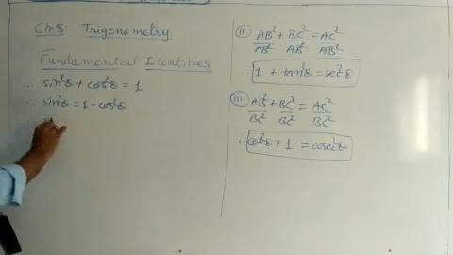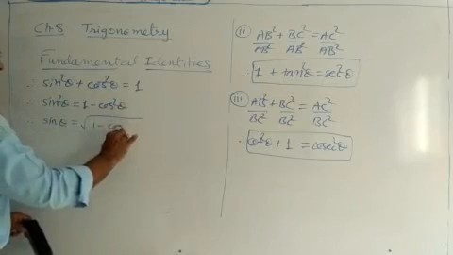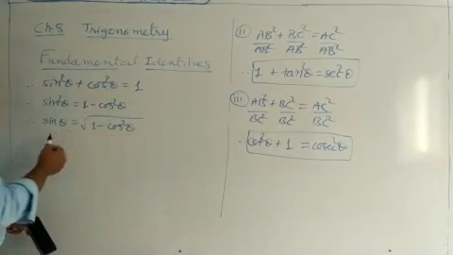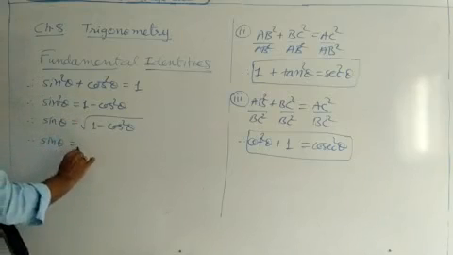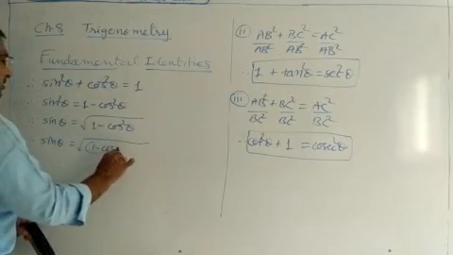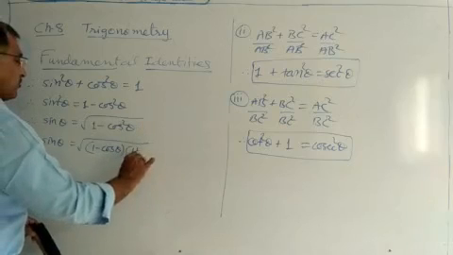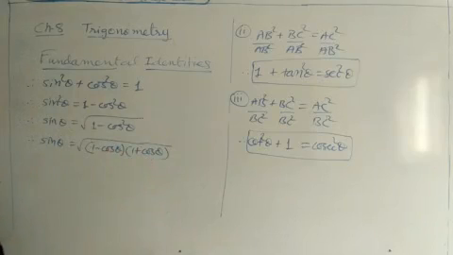Therefore, we get sin theta is equal to square root of 1 minus cos square theta. Similarly, we can also have sin theta is equal to under the root 1 minus cos theta into 1 plus cos theta, using a square minus b square identity.